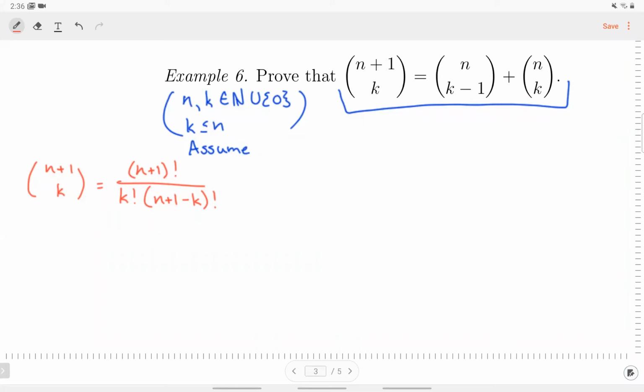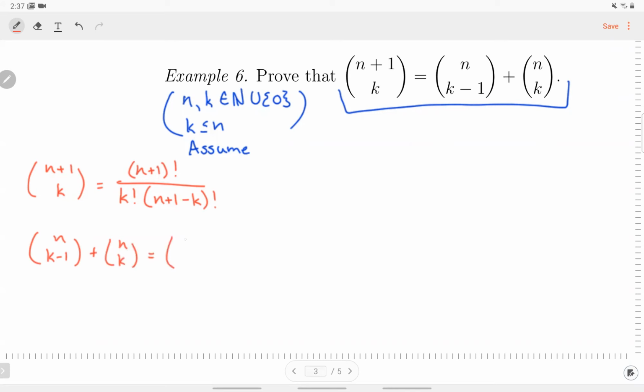Well, let's see what the other side is, and hopefully we get the same thing. So n choose k minus 1, plus n choose k.